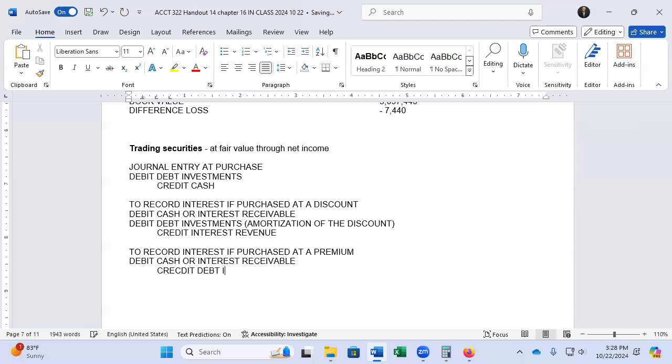Credit debt investments for the amortization of the premium. And then credit interest revenue.